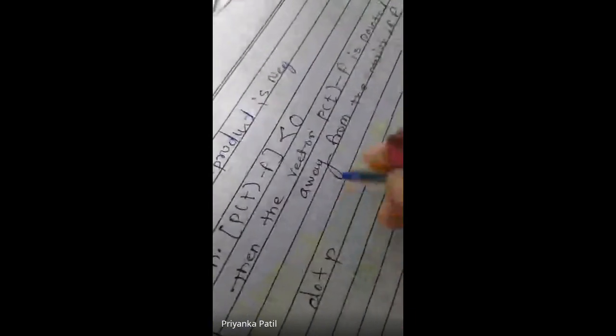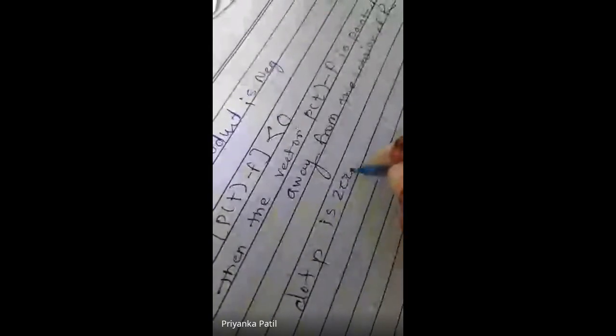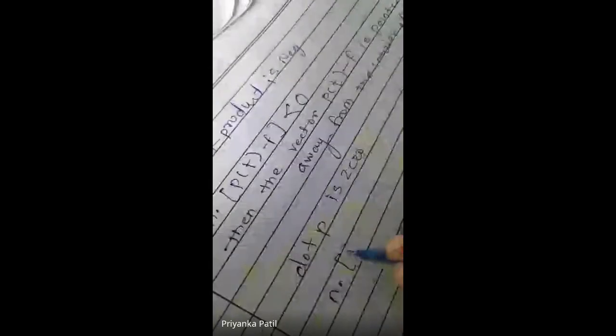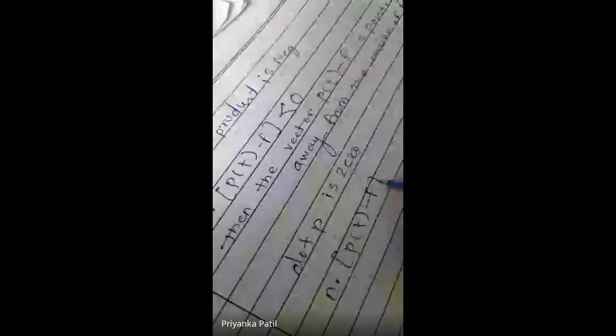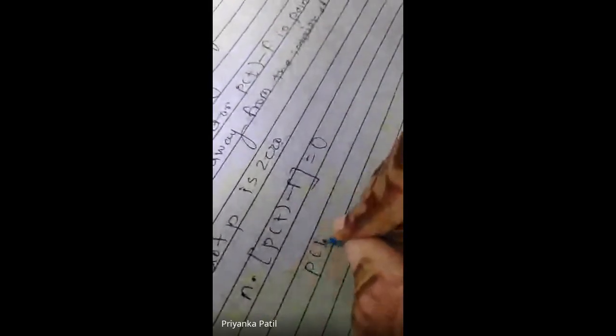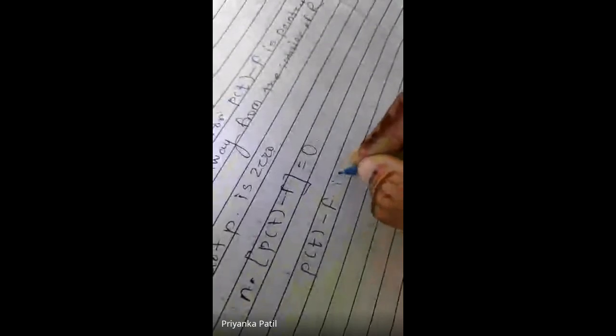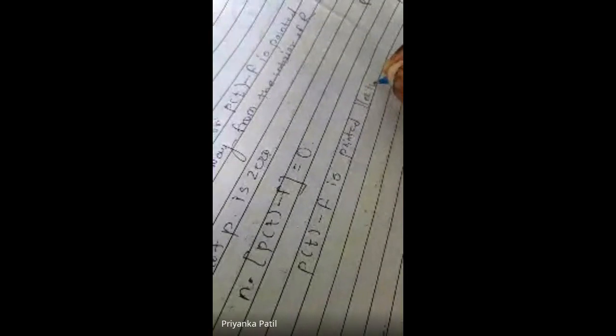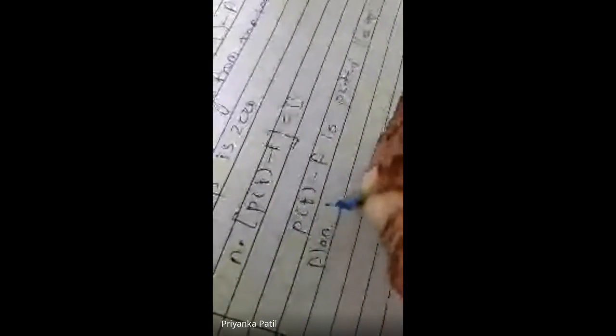And if the value of the dot product N dot (P(t) - F) is equal to 0, then P(t) - F is pointed parallel to the plane which contains F and is perpendicular to the normal.